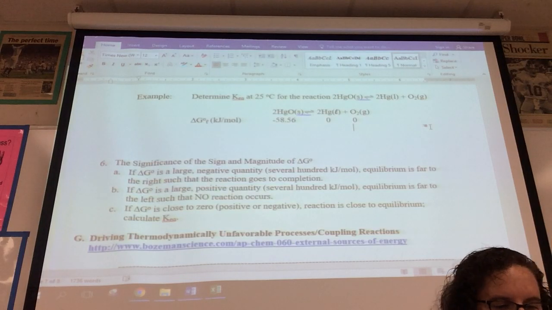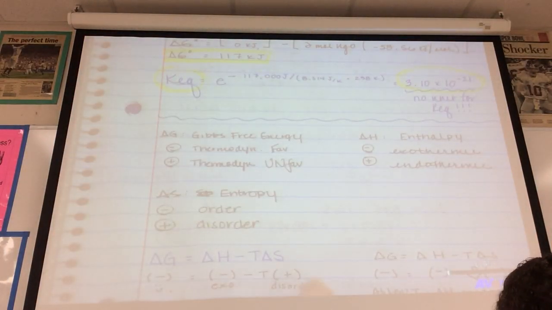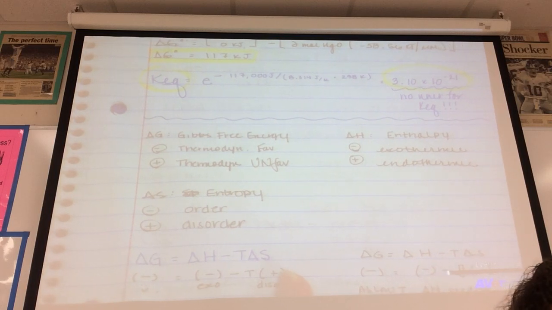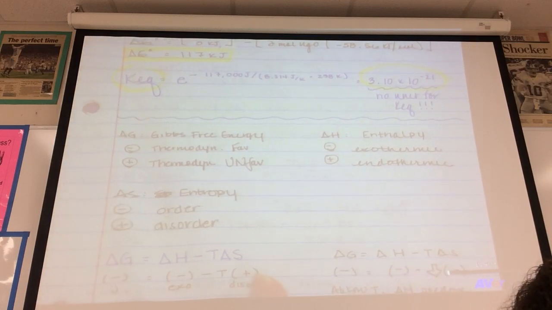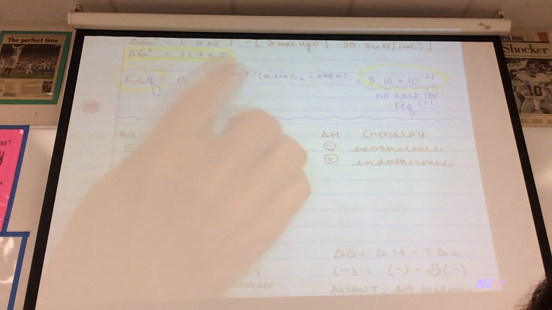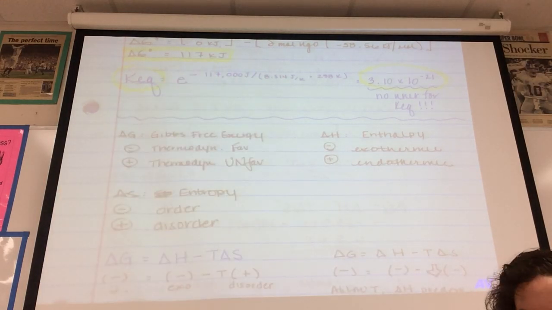Here's what I got, and here's my work. That was the same thing that was written in pink. To tell you the truth, I think there should have been 4 sigfigs on there, and it doesn't really matter.